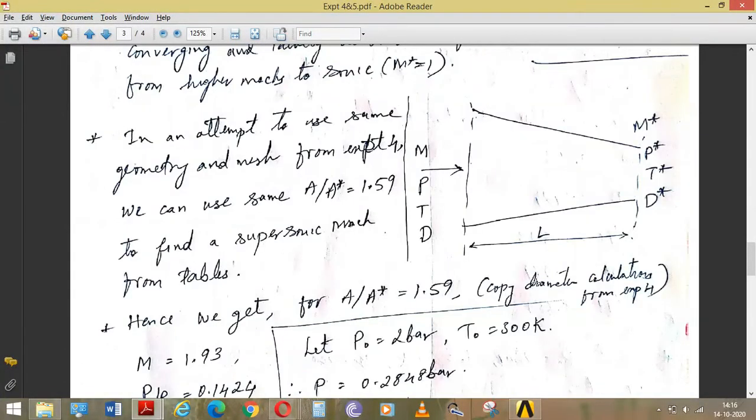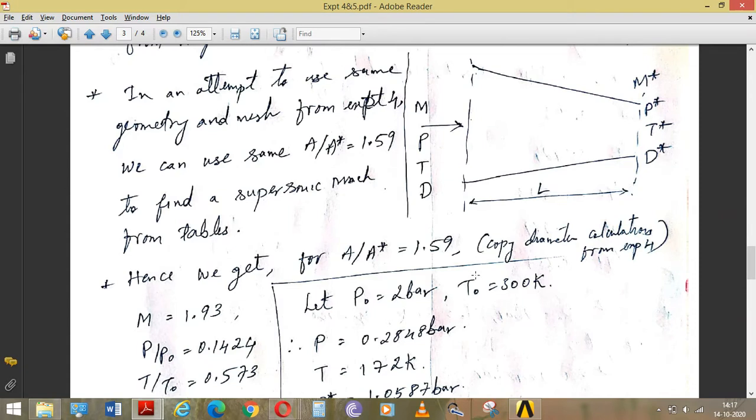Now, roughly we have put the geometry. Now we have to decide some inlet flow Mach number.